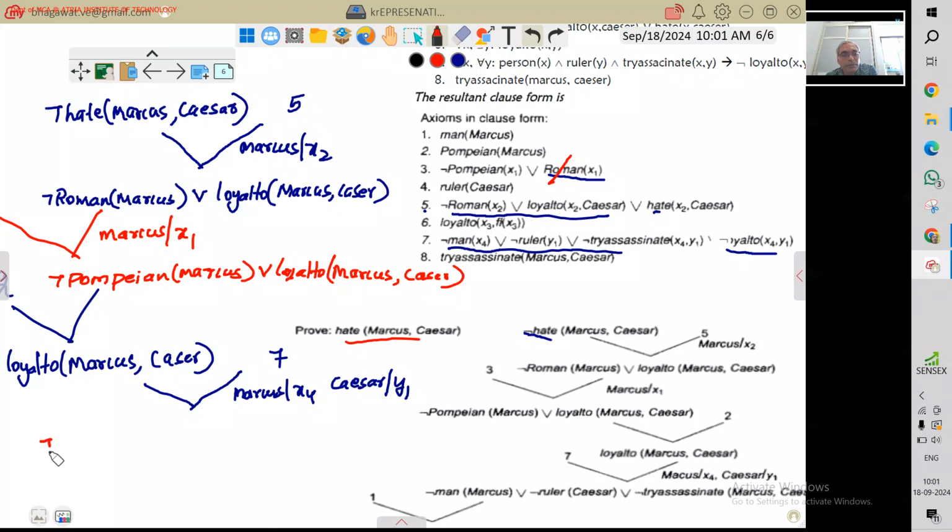What are the remaining literals we have? The first one is negation man of x4.